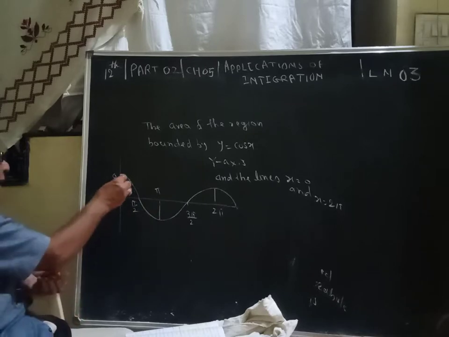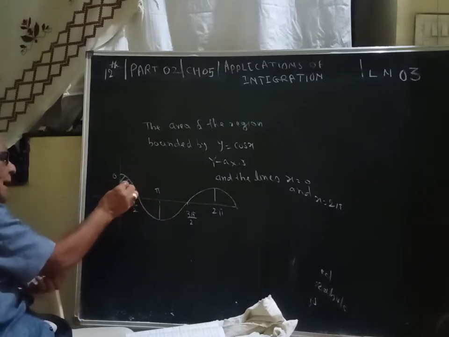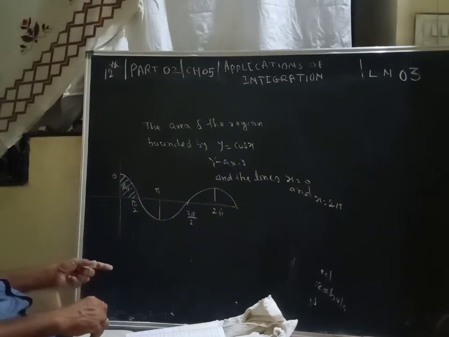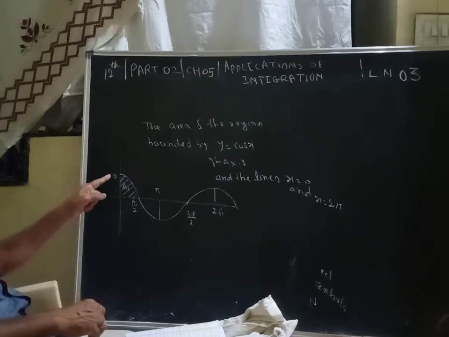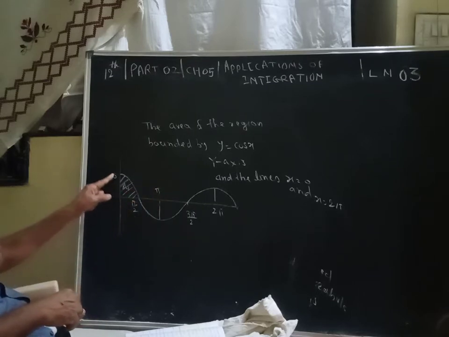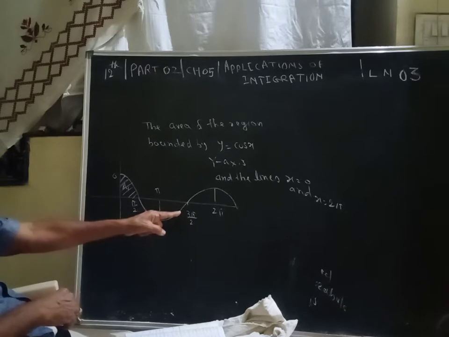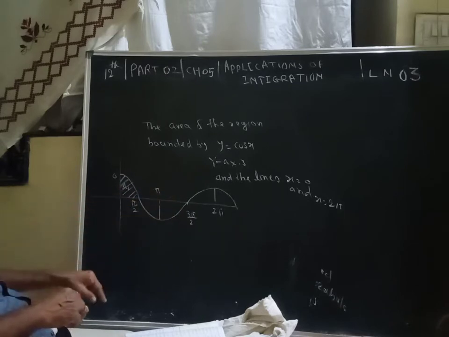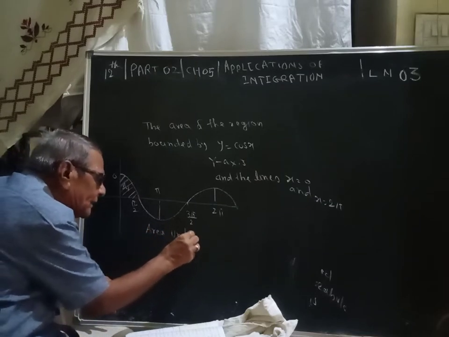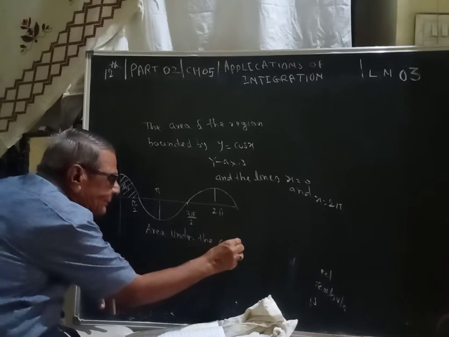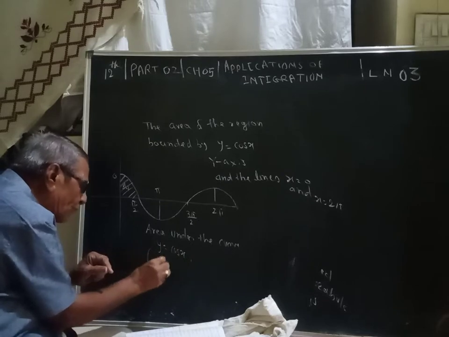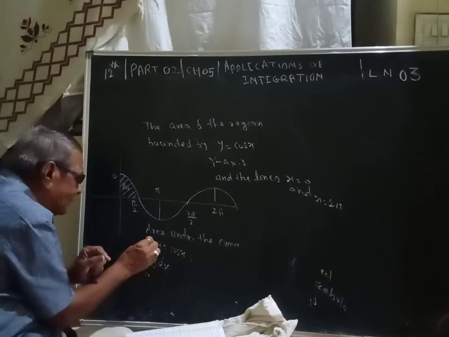मग आपण हा जर एरिया काढला, हा A1 जर एरिया काढला, तर एरिया included between the y is equal to cos x, between the y axis and the lines x is equal to 0. हा आला इथे x is equal to 0 आणि x is equal to किती? 2 pi. 1 2 3 4 पोर्शन्स आहेत. मग आता एरिया अंडर द कर्व, y is equal to cos x is integration of y dx between the limit a to b.